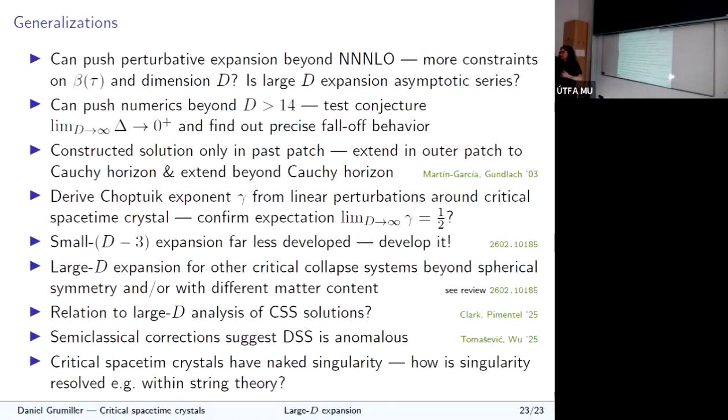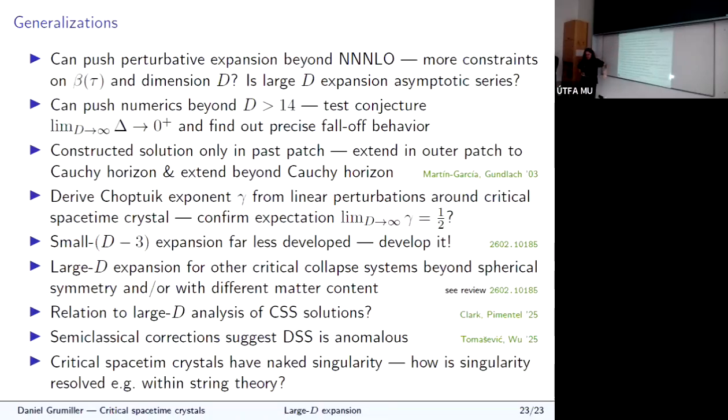It gives you at least a very good qualitative insight of what is happening, because numerics is great, of course, but it's also a bit of a black box, right? You give in some initial data, and then you get some output, but you may not be able to discern what is the gist of the effect that you want to describe. Why does this happen? And we have a similar motivation.